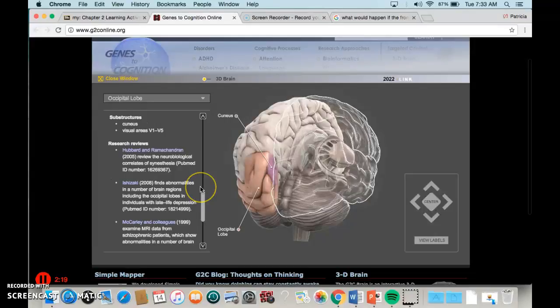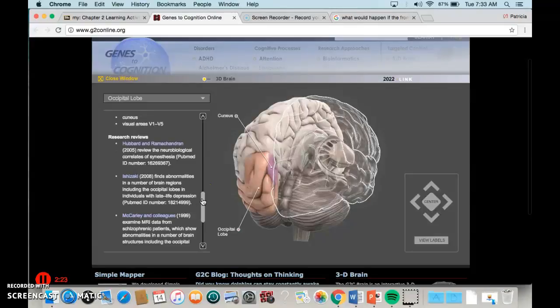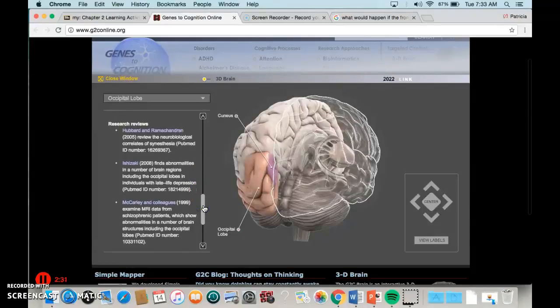Research reviews: Hubbard and Ramachandran reviewed the neurobiological correlation of synesthesia. In 2008, Isaki found abnormalities in a number of brain regions, including the occipital lobes, in individuals with late-life depression.